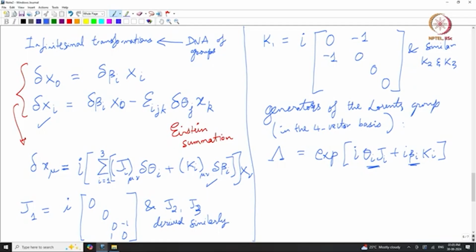So the Lorentz group actually falls into one particular classification of groups because of this property. This is what we call a Lie group. The Lorentz group is an example of the Lie group. So what is a Lie group?